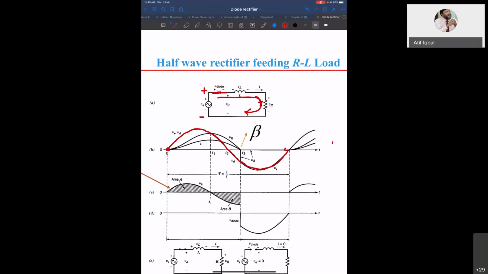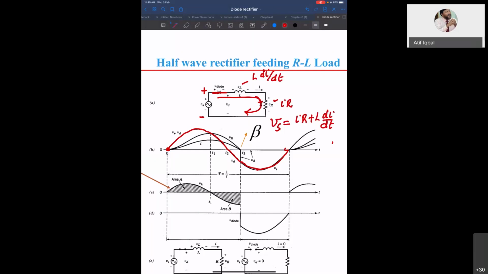There will be a voltage drop across the resistance, I into R, and there will be a voltage drop across the inductance, which is L di by dt. So you can write the KVL equation as Vs equals IR plus L di by dt, plus the voltage drop across the diode, which I am considering 0 here.